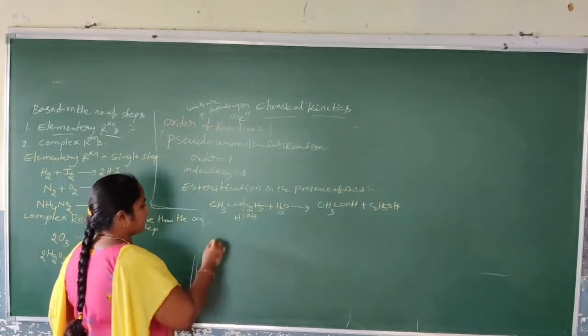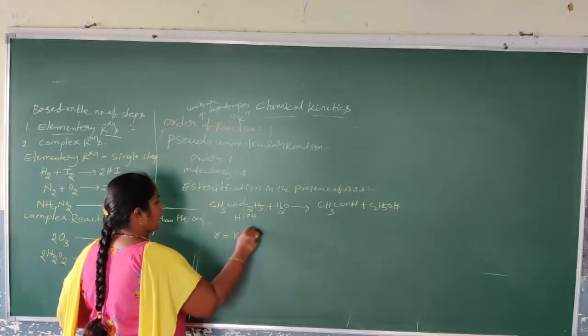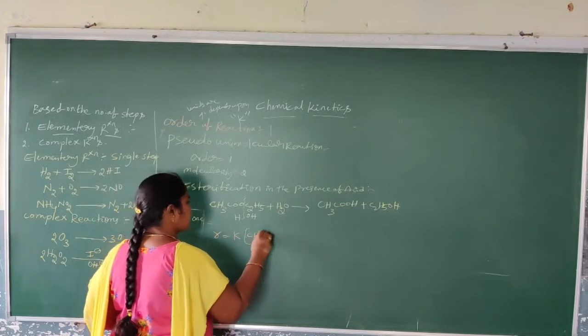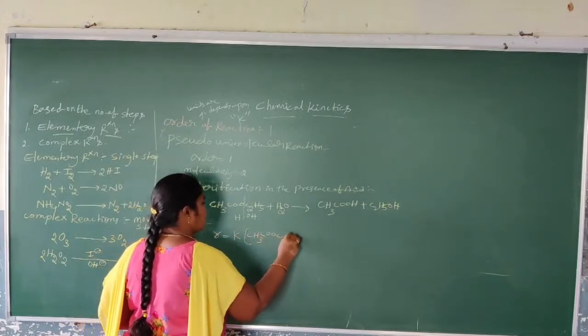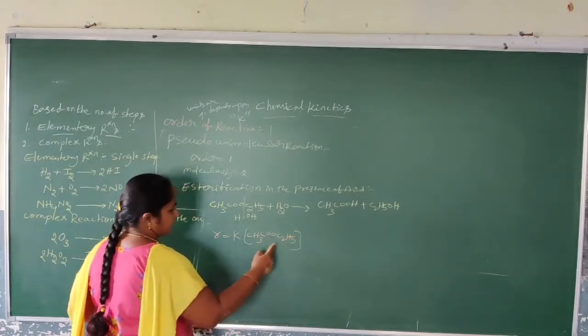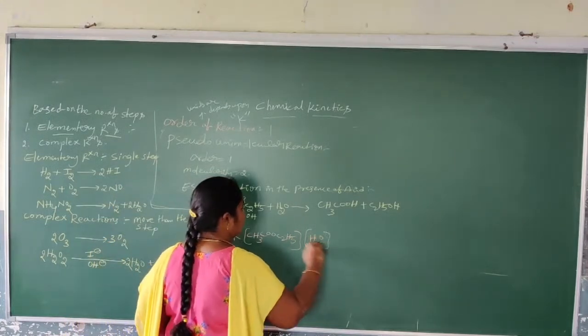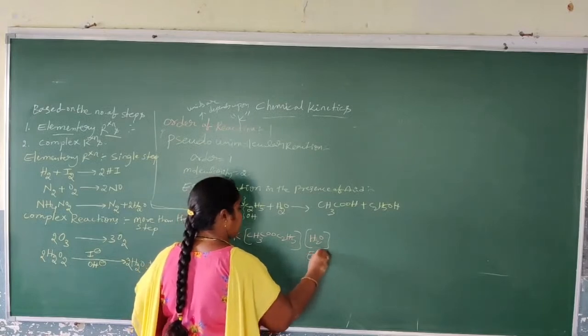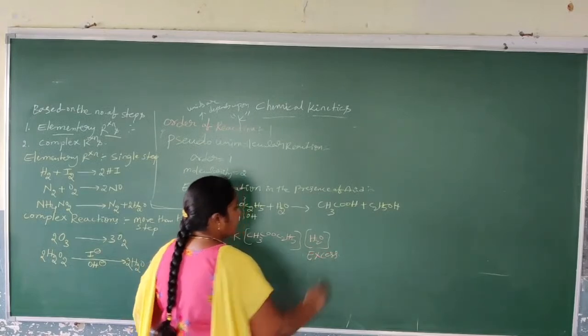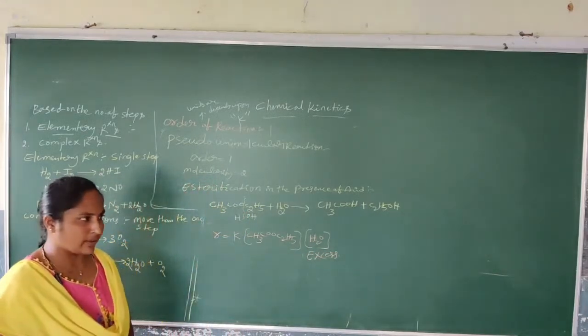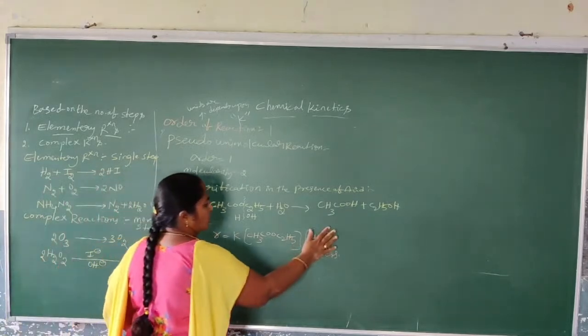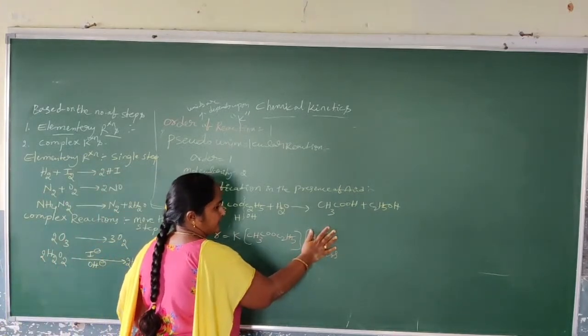For this we can write the rate. Rate is equal to K into the ester concentration, CH3COOC2H5, into the H2O concentration. But H2O is taken in excess quantity, so H2O does not affect the order.